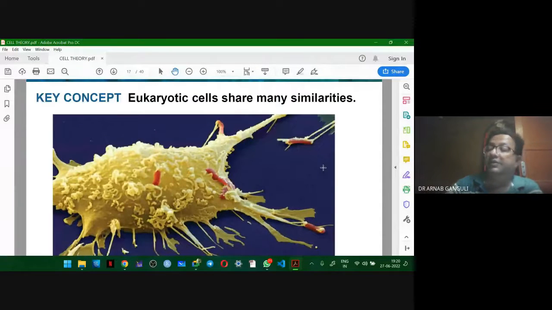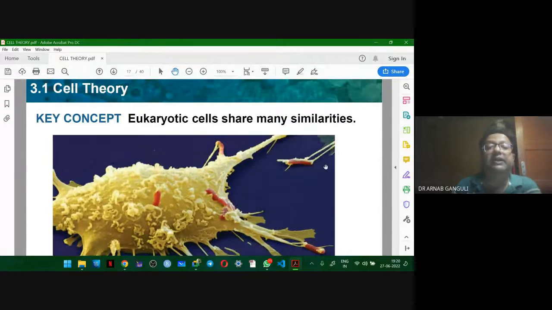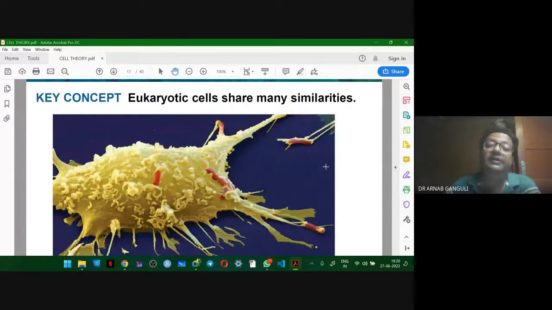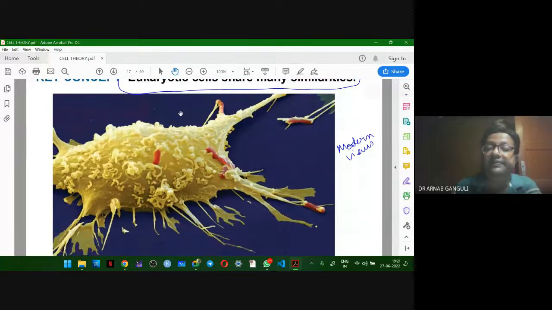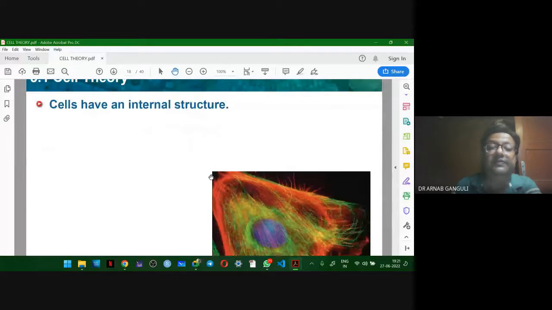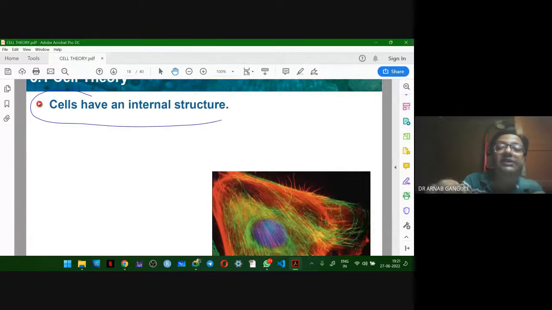Now, another concept of the cell theory, according to the modern version, the first 3 points hold. And eukaryotic cells share many similarities. All the cells have an internal structure.